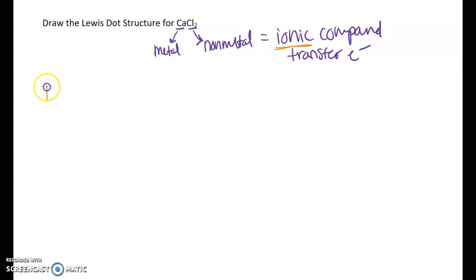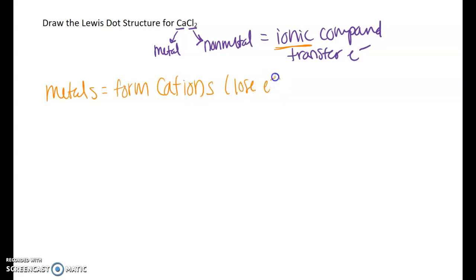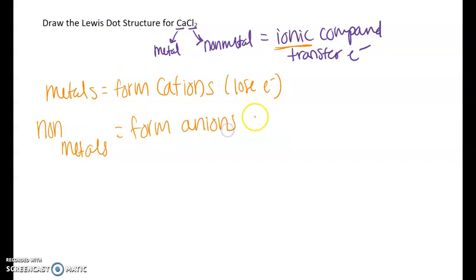So the metals are going to form cations. And that means that they like to lose their electrons. Nonmetals like to form anions.